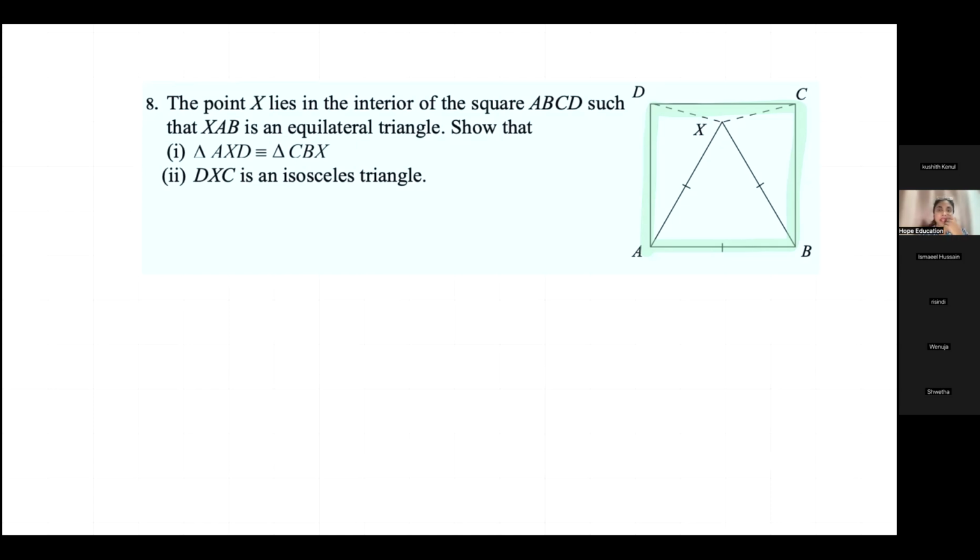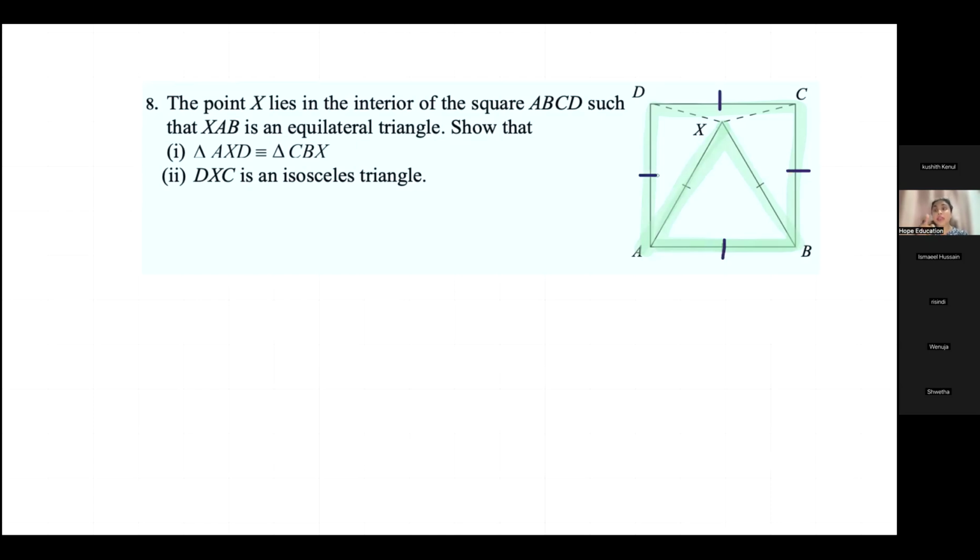Okay. Anyway, so ABCD is a square. You know all the sides of a square are equal. And XAB is an equilateral triangle. So AB, BC, CD and AD, all these sides should be equal.